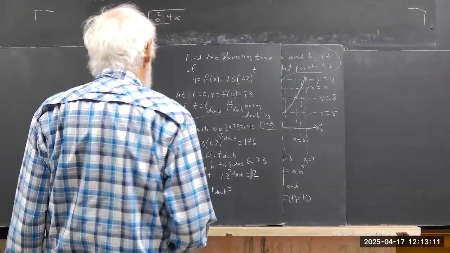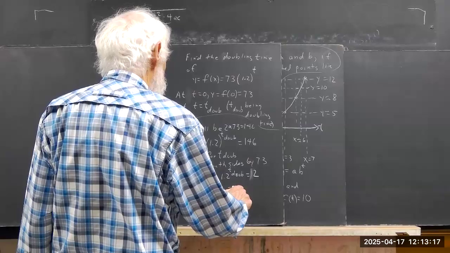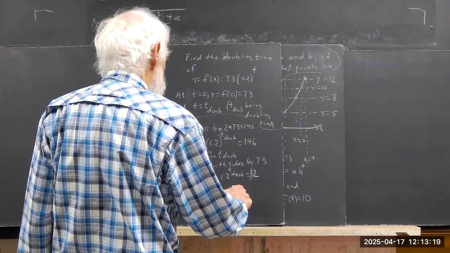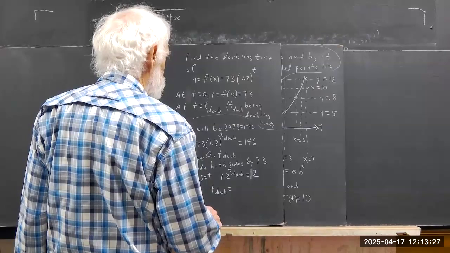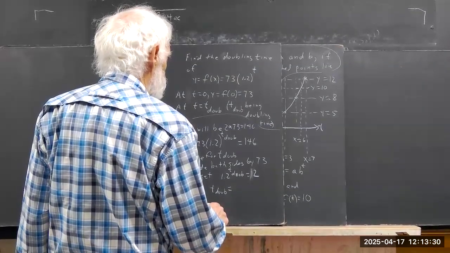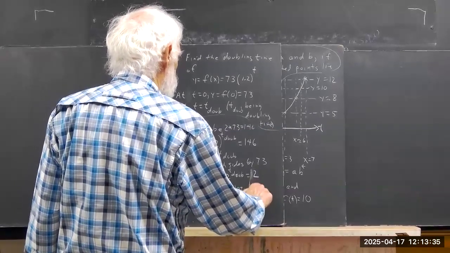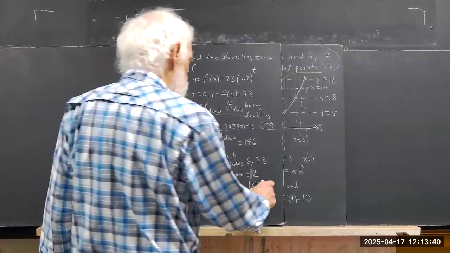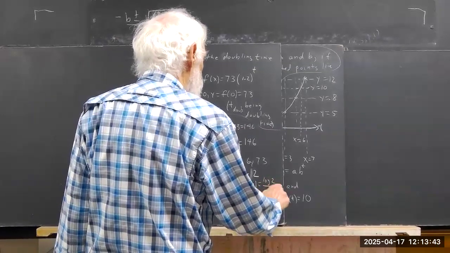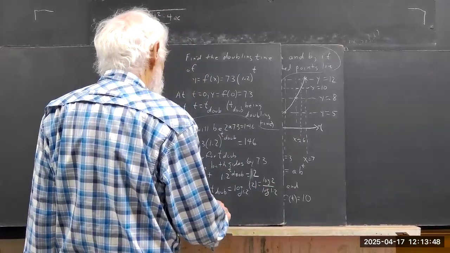T dub equals log to the base 1.2 of 2, which I want to just write as log 2 over log 1.2. That's log 2 over log of 1.2.